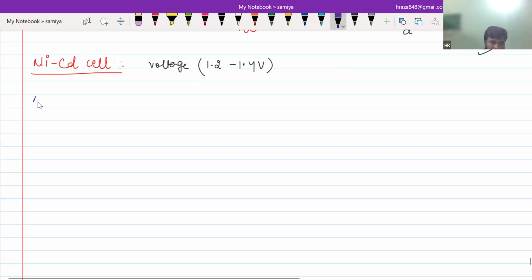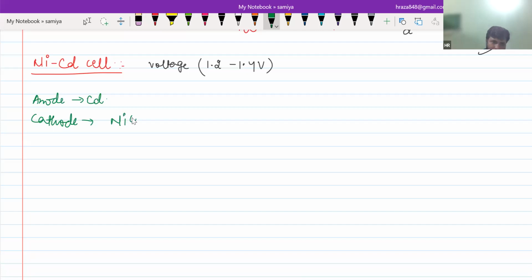In this, the anode is of cadmium, the cathode is of NiOOH, nickel oxide hydroxide, and the electrolyte is NaOH.